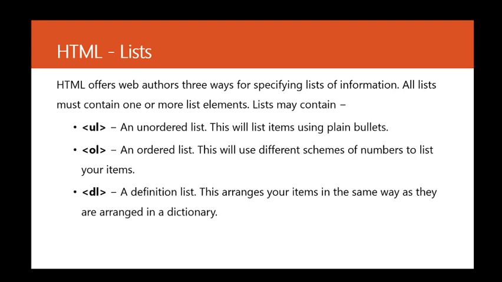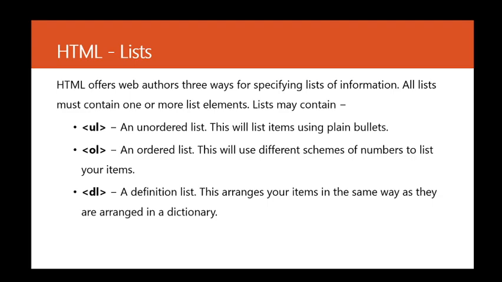For example, if you are working in Microsoft Word, you have seen two options. One is bullets, another is numbering, where bullet means you have a specific symbol which you can place in front of your text to say that this is an item or an element of the list. So when we are using bullets, the list is known as an unordered list.